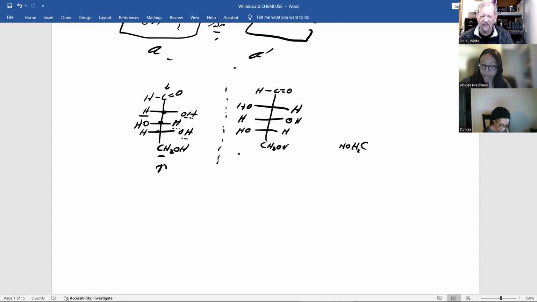Hydrogen is farthest away. And here's the answer. That would be the enantiomer. If this is the original product, here's the enantiomer. The mirror image. And since these molecules are chiral, they're non-superimposable mirror images.